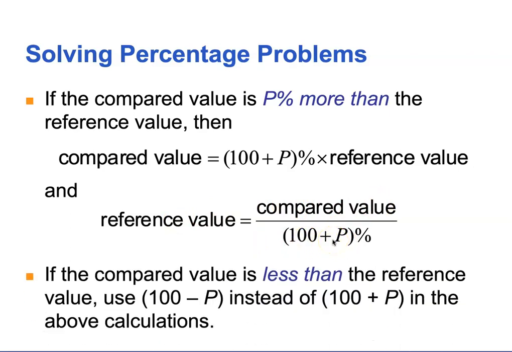If the compared value is less than the reference value, then you're going to use the 100 minus instead of the 100 plus in all of the same formulas. So instead of the plus you would have 100 minus, and then here it would be divided by the 100 minus. That's if it is less than the reference value.